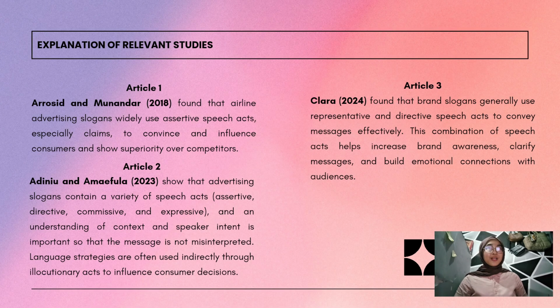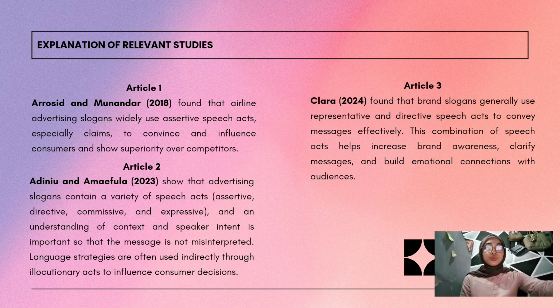So these slides talk about the explanation of relevant studies. For article 1, Al-Rashid and Munander 2018 found that advertising slogans widely use assertive speech acts, especially claims to convince and influence customers and show superiority over competitors.